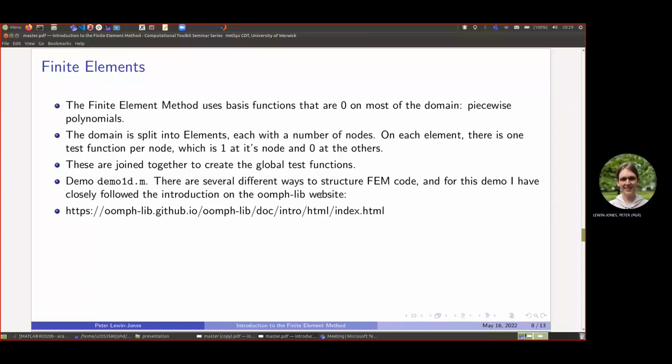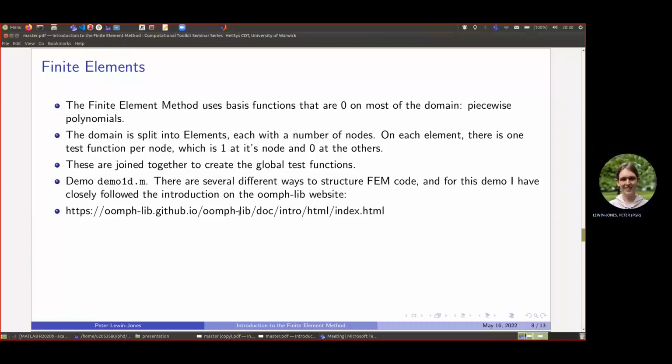It just means that my code is structured in the same way as this web page, and I think it's quite a good way of understanding how this works. However, there are a lot of technicalities of keeping track of different numberings of nodes, and so finite element code looks very long, but a large amount of it is bookkeeping of numbering of nodes within elements and within the whole domain. We'll see that in a second.